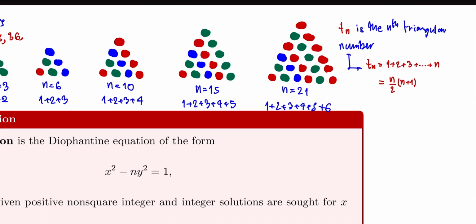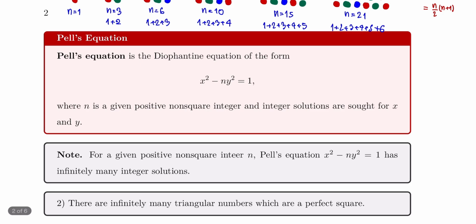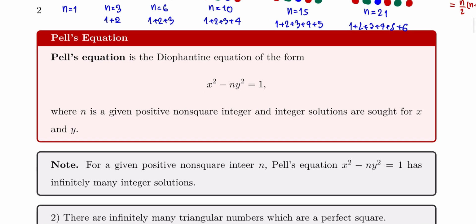But now, before we continue with the proof, let's talk about Pell's equation. So Pell's equation is the Diophantine equation of this form. X squared minus n y squared equals 1.